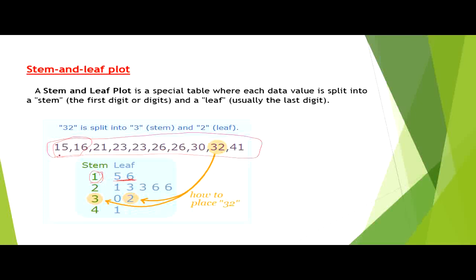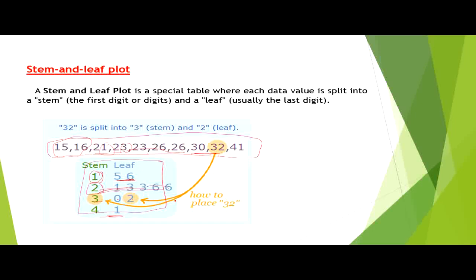Then for 2, there are 5 elements. The first element is the stem, the second elements are leaves: 1, 3, 3, 6, 6. So this can be considered as 21, 23, 23, 26, 26. Isn't it? That's it. And finally in the 30s there are 2, so 3 with 0 and 2. In the 40s there is only 41. In this way, if you represent the data, it is called a stem and leaf plot.